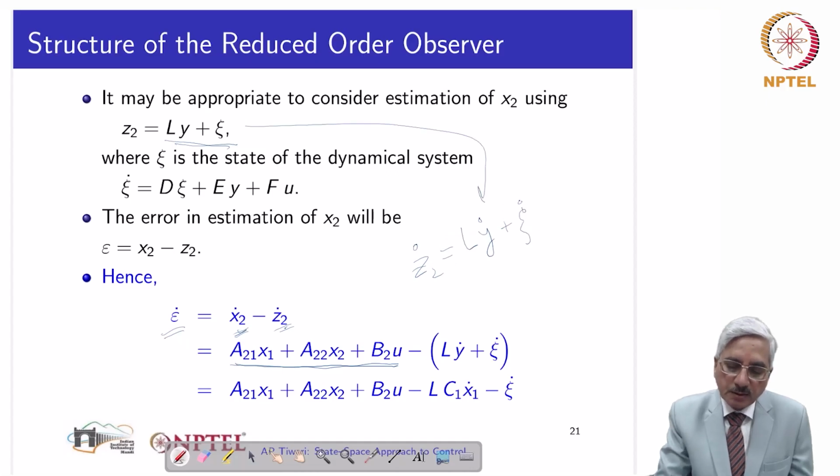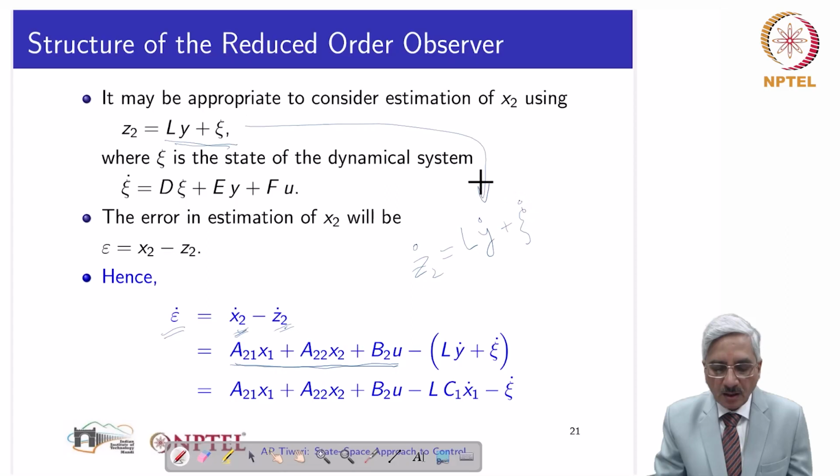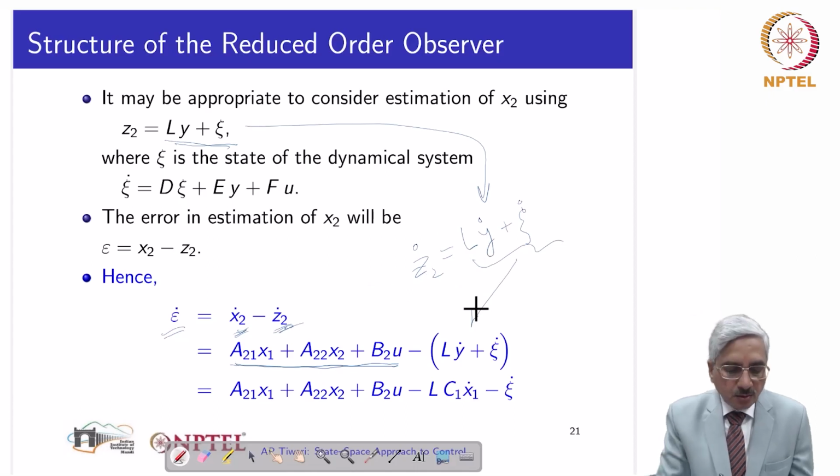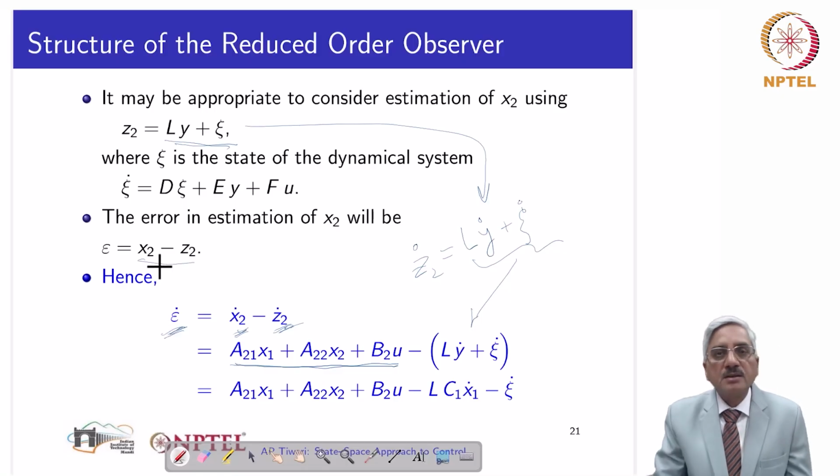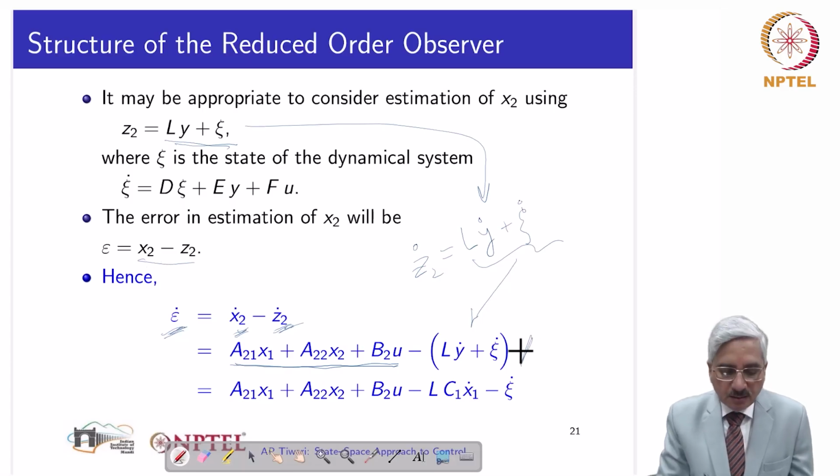This follows from here. So we substitute that in place of z2 dot. The dynamics of the deviation of the observer state from the actual system state is governed by this equation, and this simplifies to this one. This part is as it is.